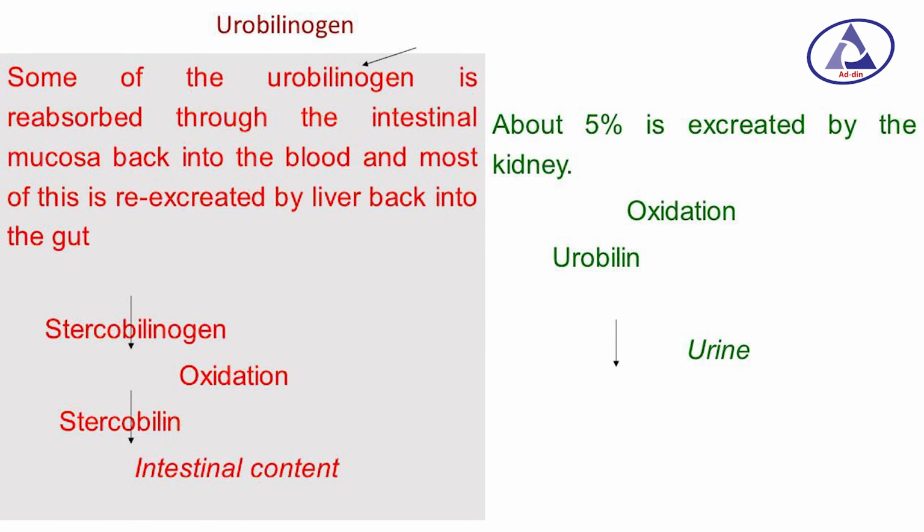Some of the urobilinogen is then reabsorbed through the intestinal mucosa into the blood, and most of it is re-excreted by the liver back into the gut, and here stercobilinogen is formed. Then by oxidation stercobilin is formed, and on the other hand 5% is excreted by the kidney as urobilin. So that's all for today. Thanks for watching.